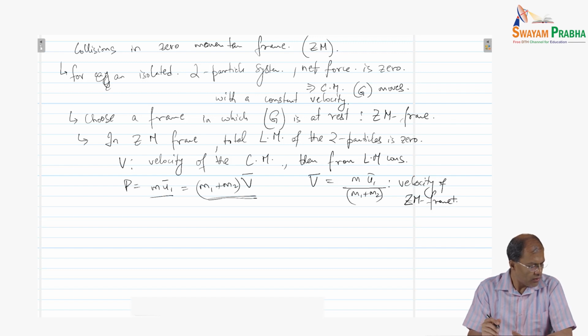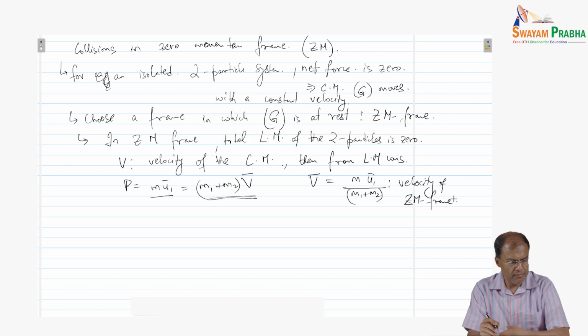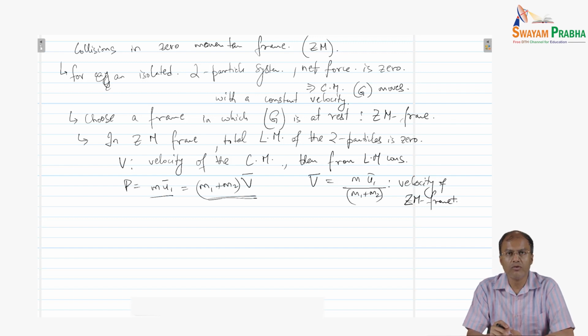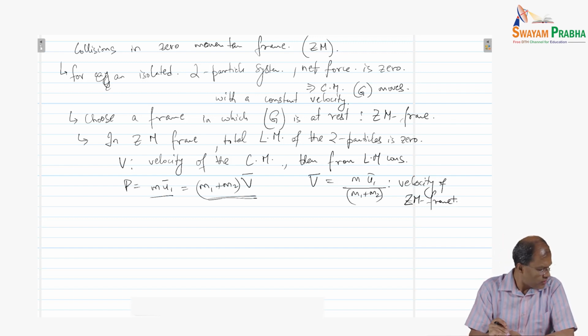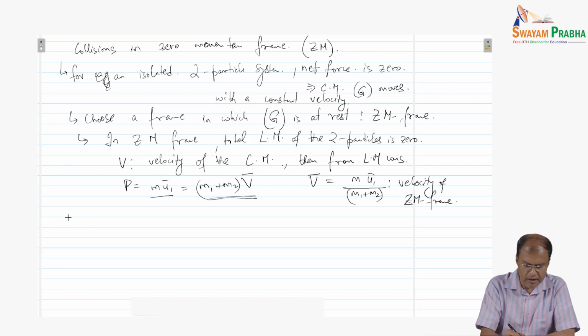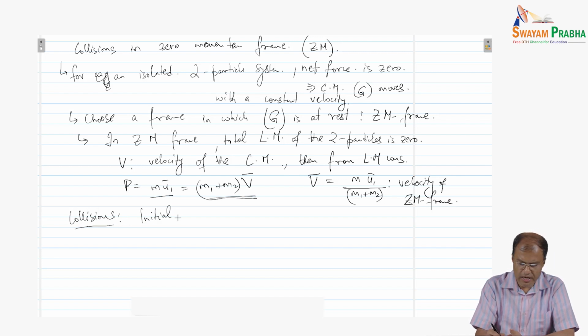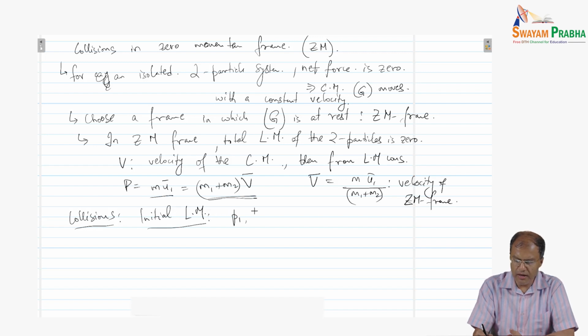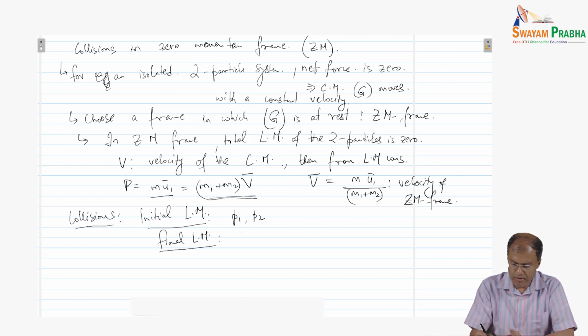And now let us talk about collisions here. Let us talk about what sort of collisions we have. So let us say in the collisions, our initial linear momentum is P1 and P2, and our final linear momentum is P1 prime and P2 prime, right?